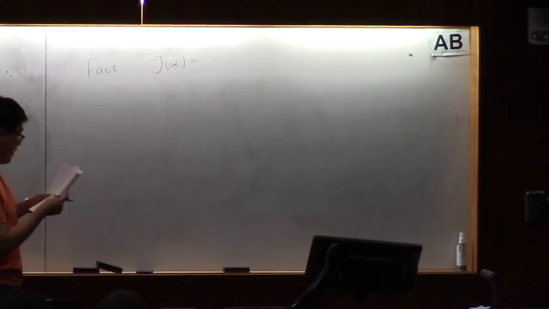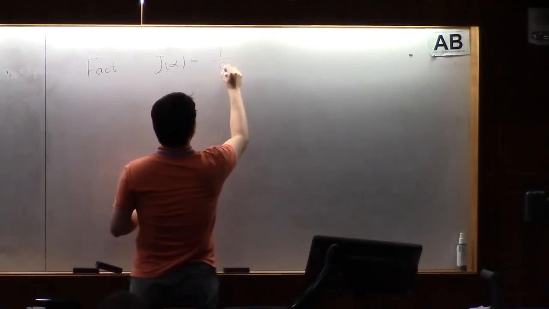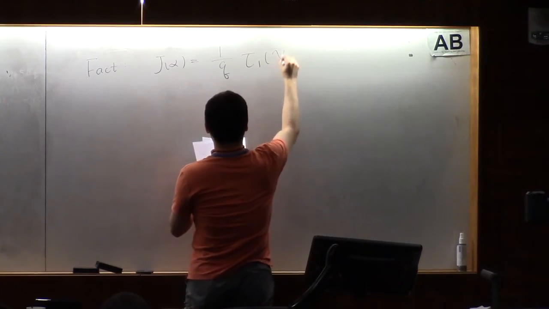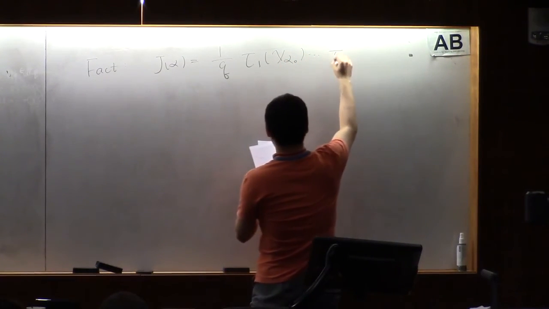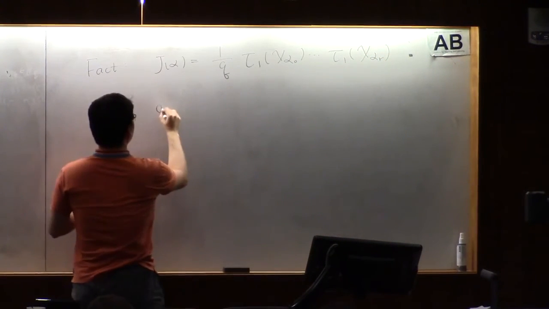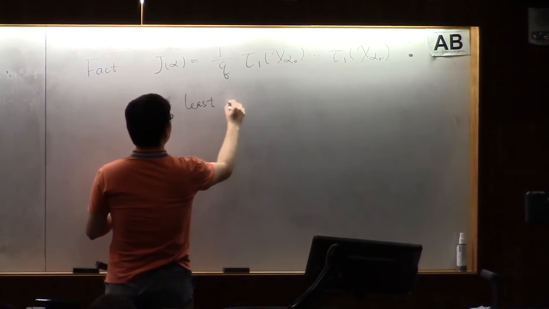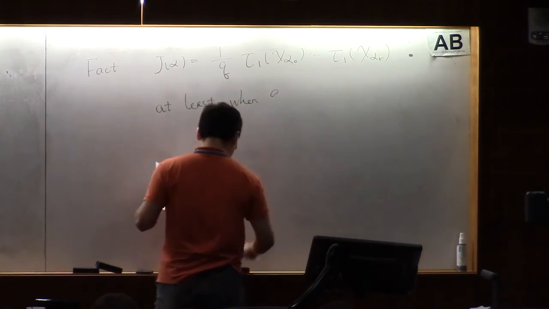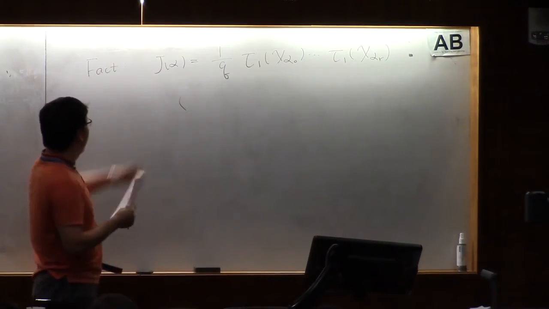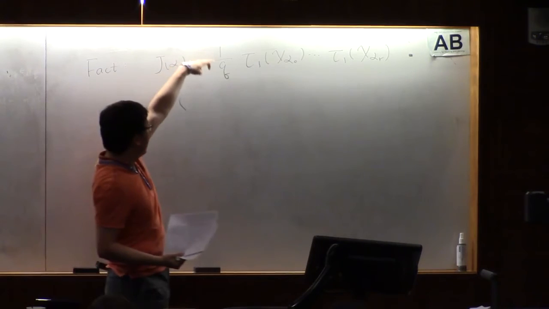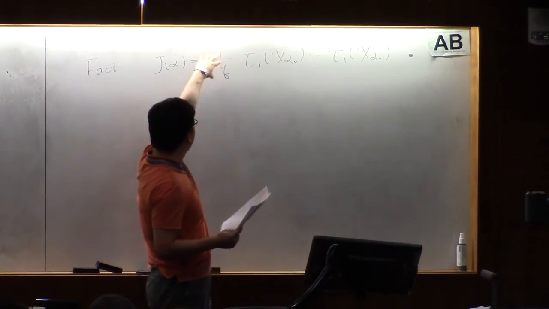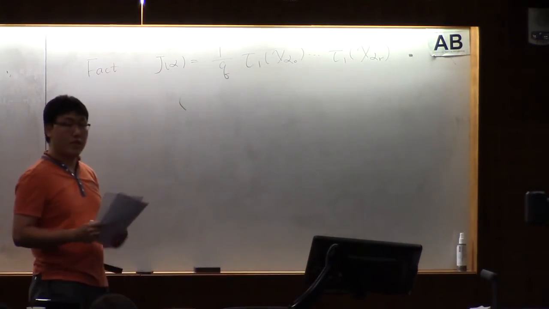It is 1 over q times the product of tau of these characters. So you can write this Jacobi sum as the product of some Gauss sums, then you divide by the cardinality q.